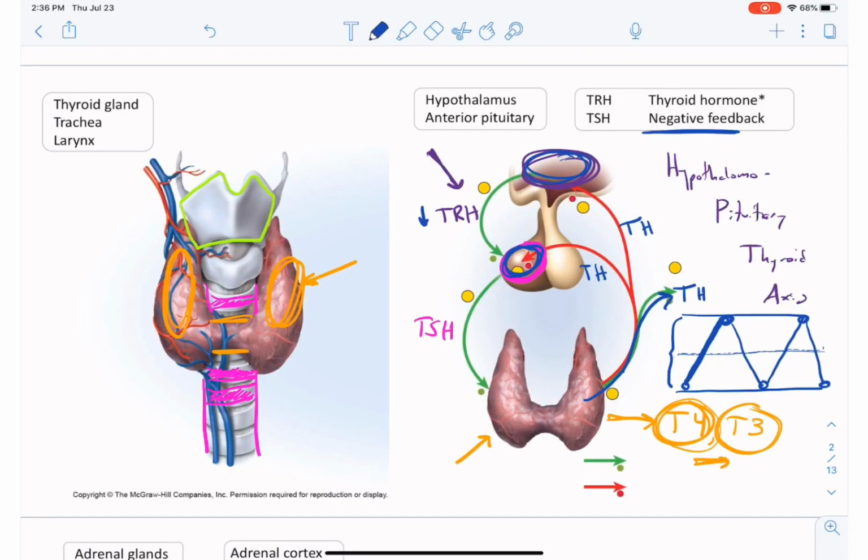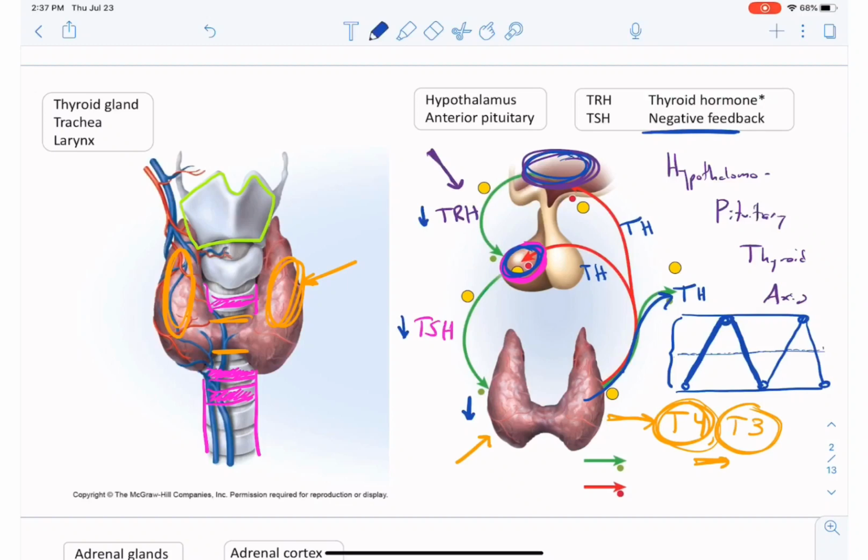When it acts back on the anterior pituitary, it decreases the release of TSH. And by doing so, you're decreasing stimulation of the thyroid gland. And so that causes circulating levels of thyroid hormone to go back down.